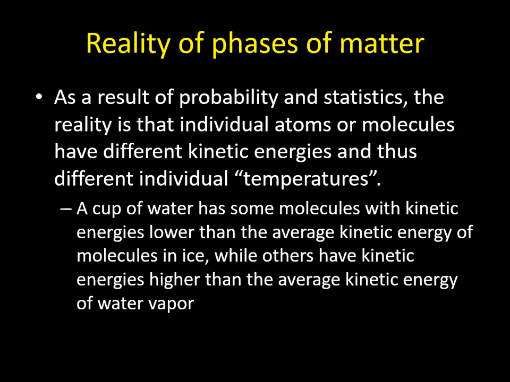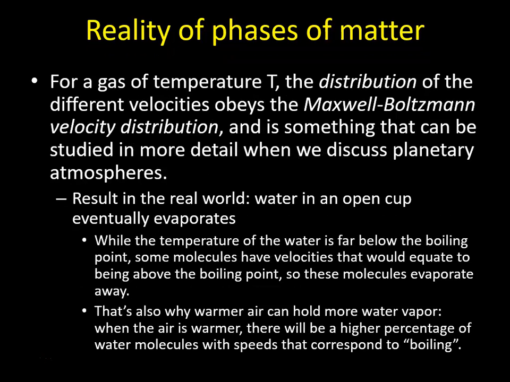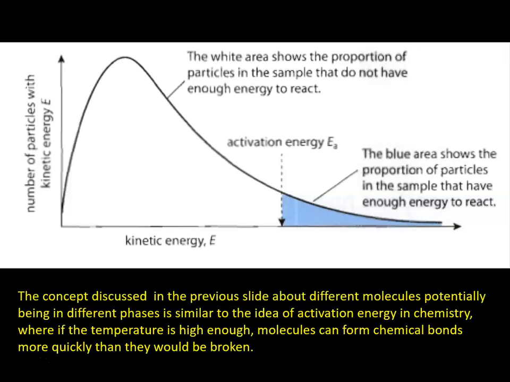Now, why does water evaporate? Let's give a picture of this. Here we have a graph, which I actually stole from a chemistry diagram, talking about activation energy, the energy necessary to get particles to react with each other and form compounds. But you can think of this very similarly as the boiling point of a substance.